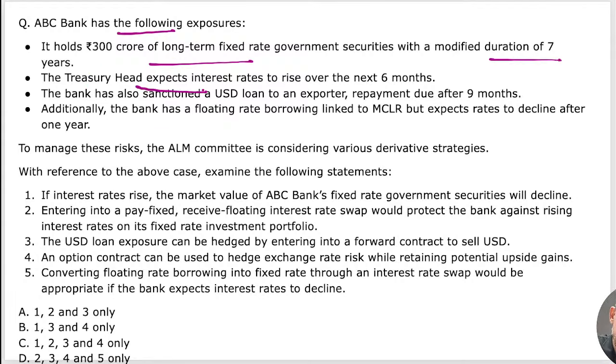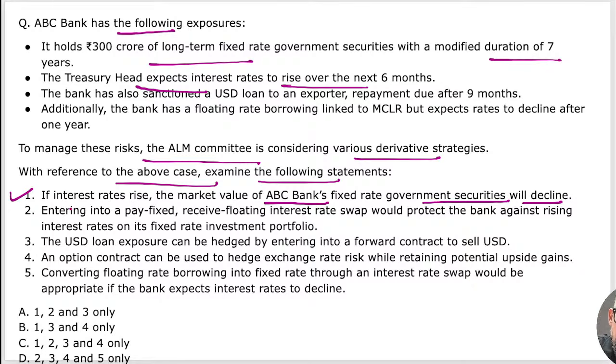The Treasury expects interest rates to rise during the next 6 months. With reference to our case, first: if interest rates rise, the market value of ABC's fixed income securities will decline because they are inversely related. True.